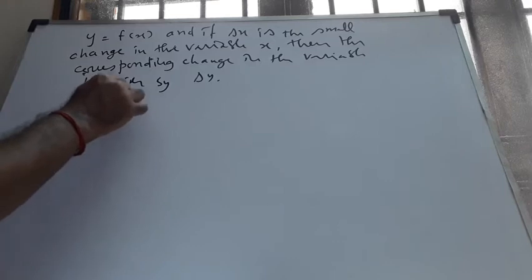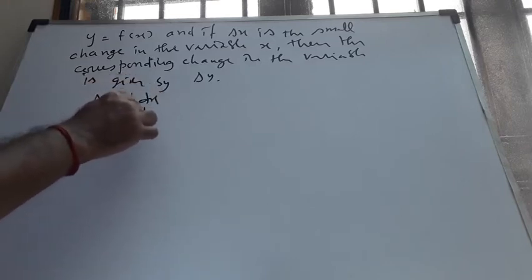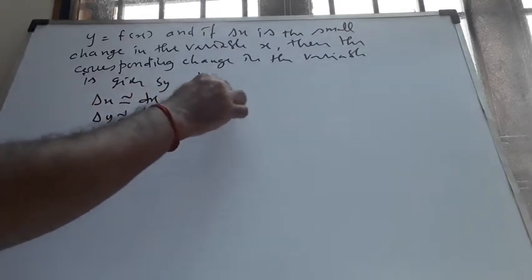We take delta x is approximately equal to dx. Now we find delta y as approximately equal to dy, which I write as dy by dx into dx.